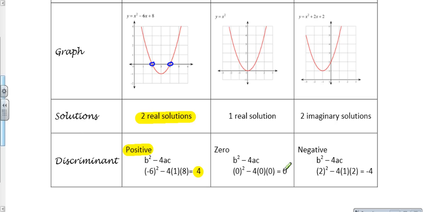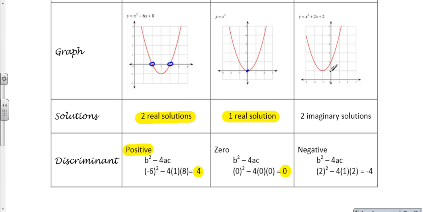If our discriminant happened to be 0, it means we only have one real solution, and it would look like this graph, where it only intersects our x-axis at one point. That's how we get one solution, one x-intercept. Now if we have a graph that does not cross the x-axis, we would normally say 0 solutions.